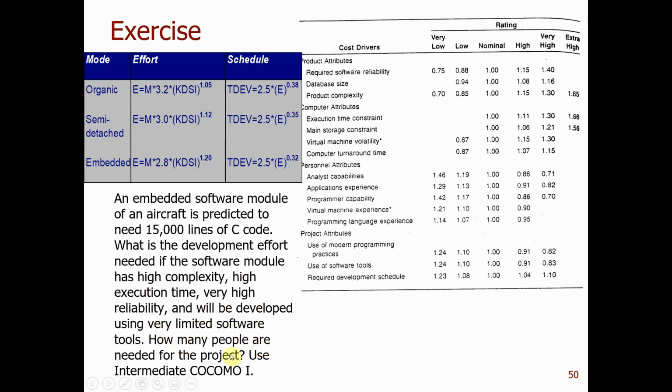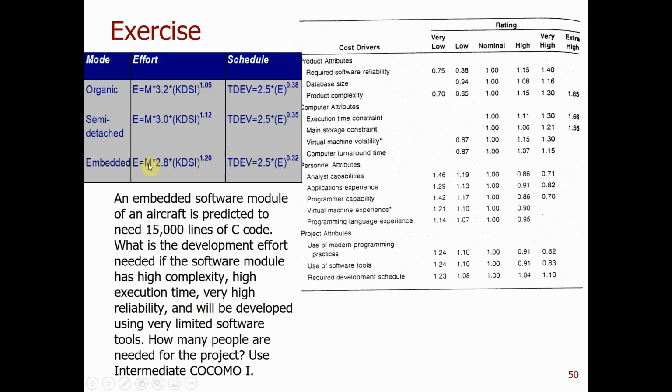How many people are needed for the project using intermediate COCOMO 1? It says embedded software, so we're going to use the embedded mode and these two formulas, and this KDSI is 15. Then next is to determine what M is.